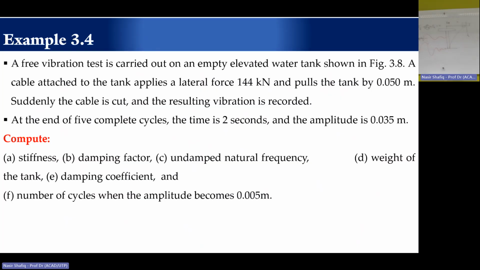It is carried out on an empty elevated tank, as shown in figure 3.